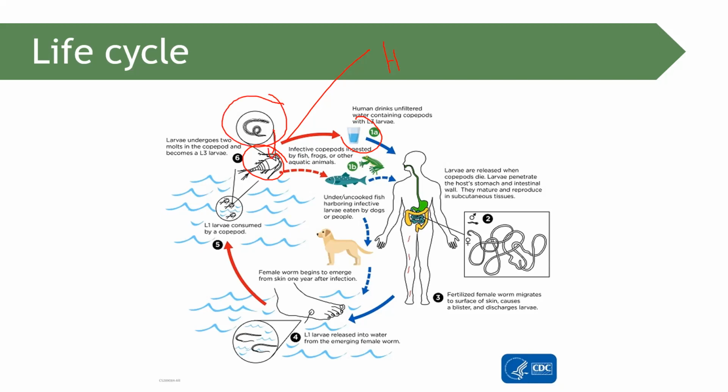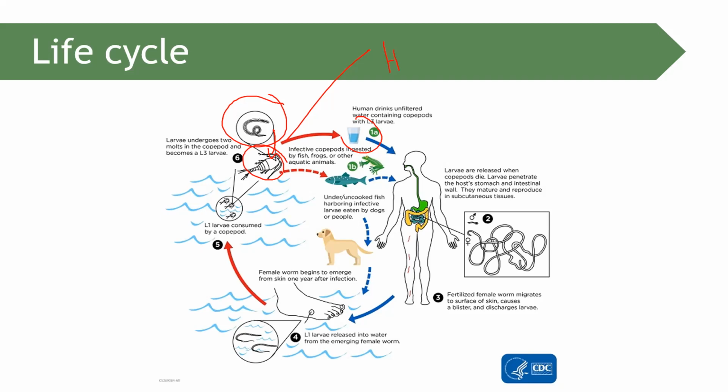So you consume the water with copepods, and the copepods contain the larval form. Then it develops in your intestine, and once the larvae are released, they will mature in the stomach and intestinal wall, then mature in the subcutaneous tissues, usually in the lower extremities, and then reproduce.